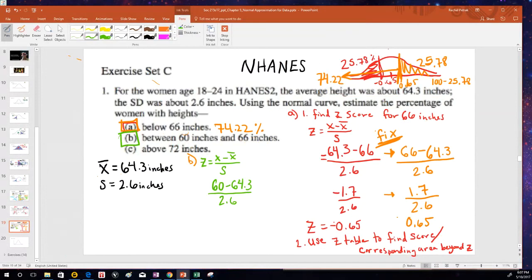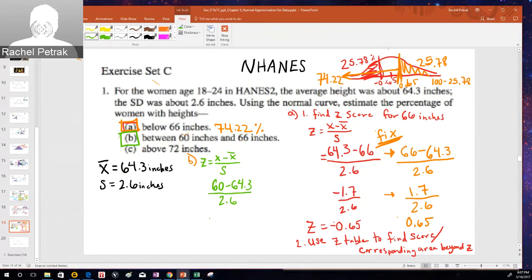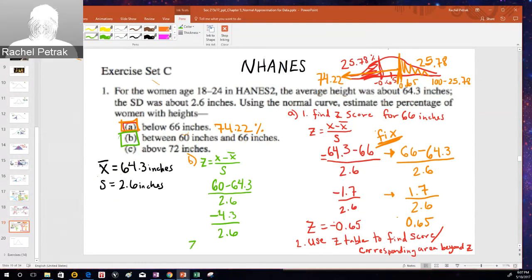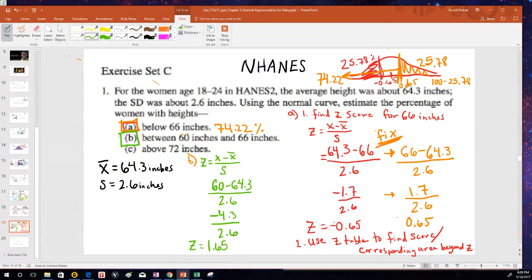And now my numerator is negative 4.3 over 2.6. And we get a z-score of 1.65. And this is the z for 60.